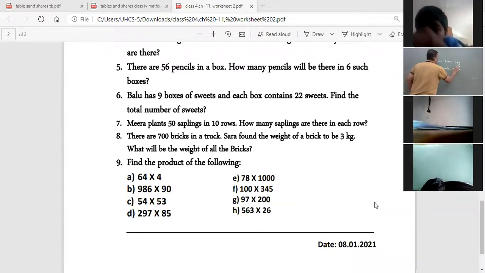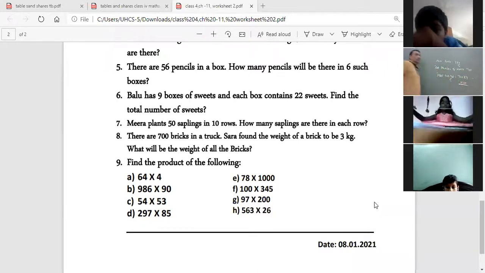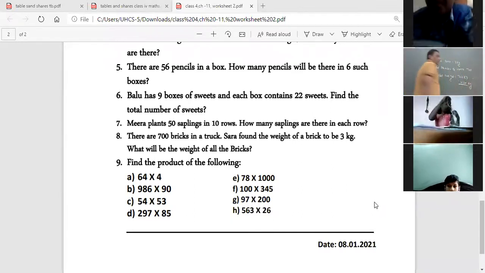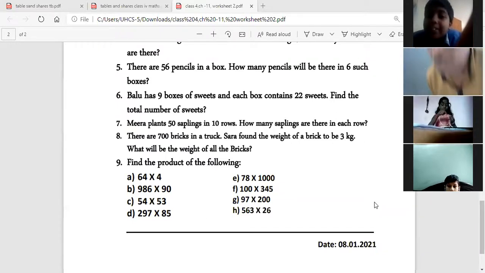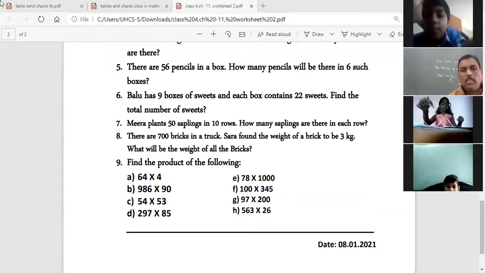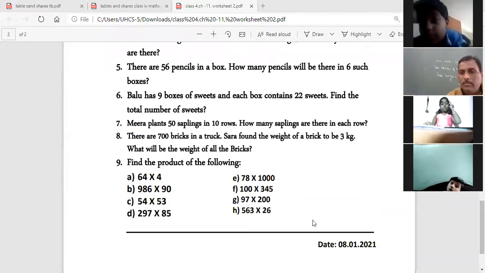Total number of bricks 700. So total weight will be 700 into 3. Each brick of weight 3 kilos. So total weight will be 700 into 3.